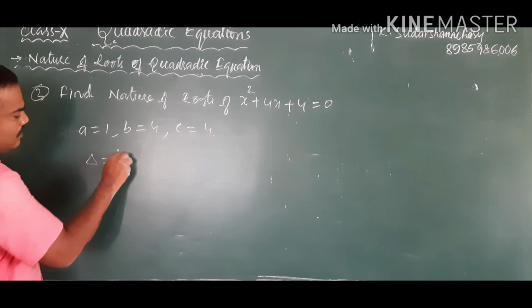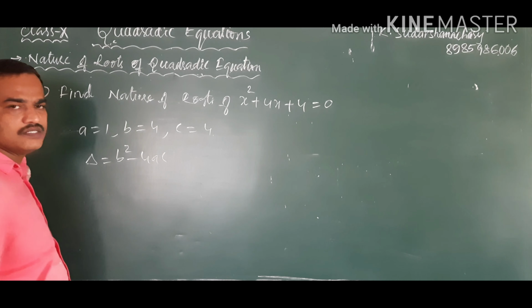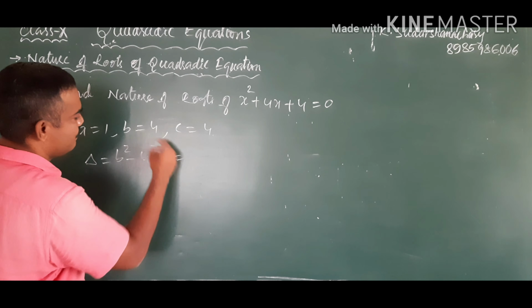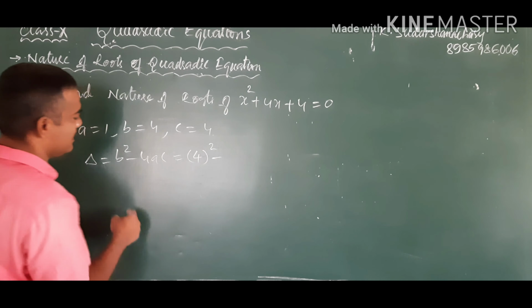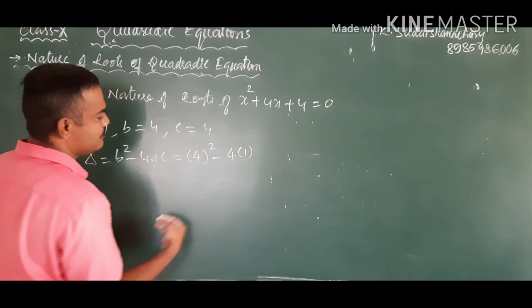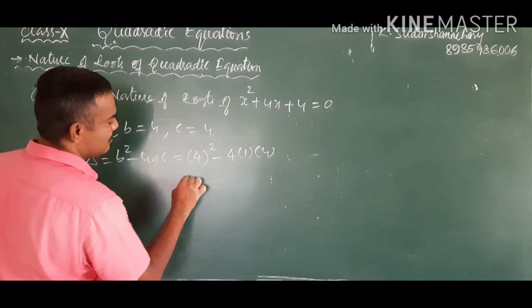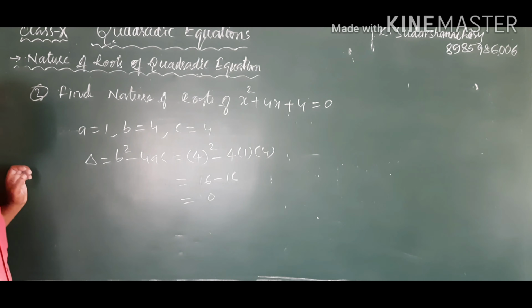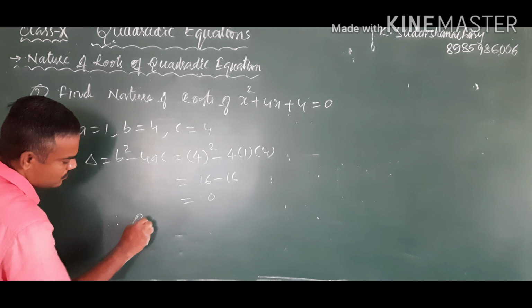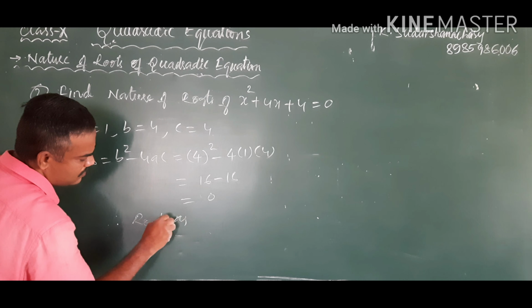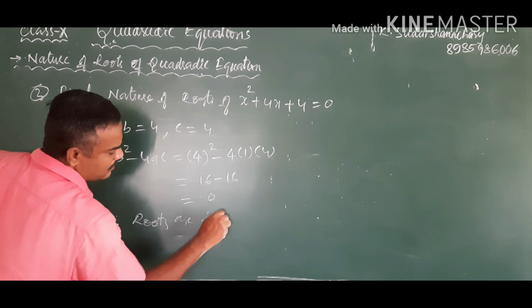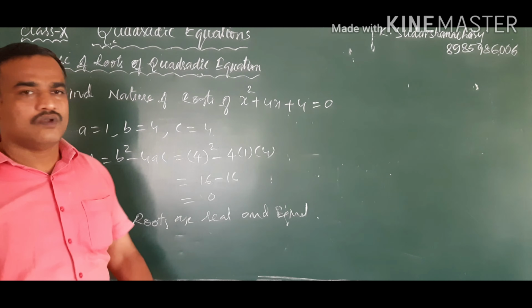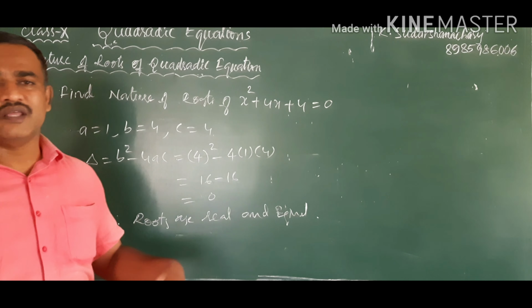Now delta = b² - 4ac = 4² - 4 into 1 into 4. 4 squared is 16, 4 fours are 16. 16 minus 16 is 0. Therefore the roots are real and equal.